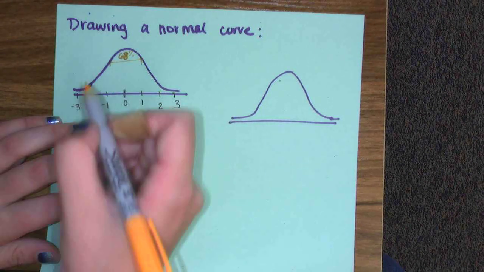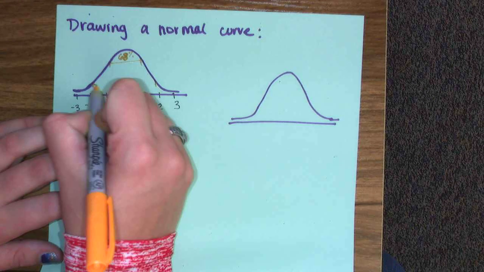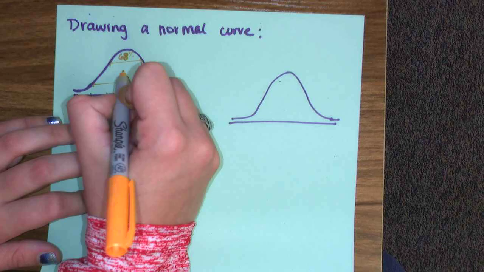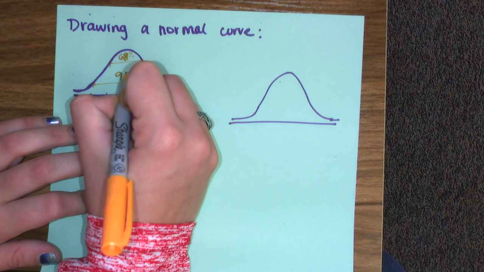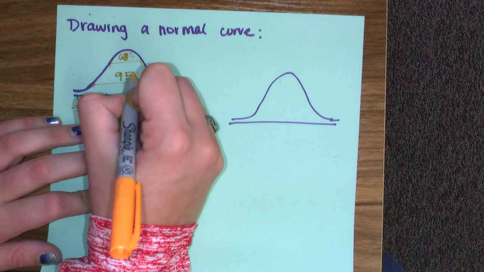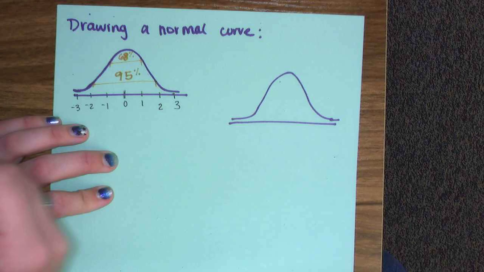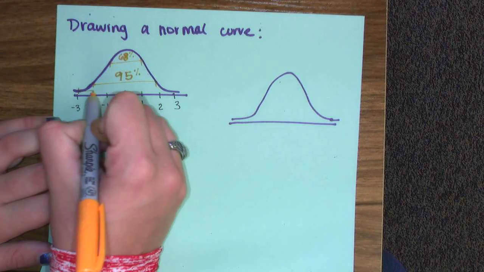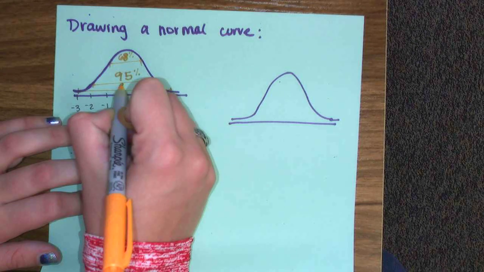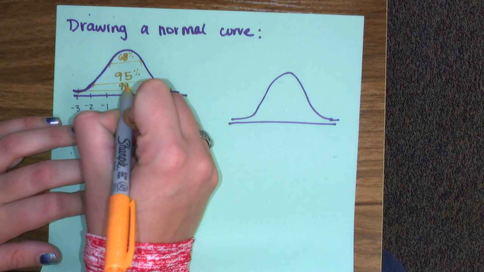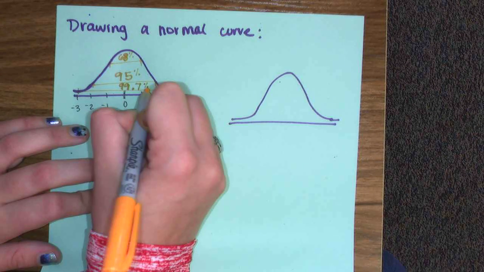And then from -2 to 2, that is 95%. And then from -3 to 3, that's 99.7%.